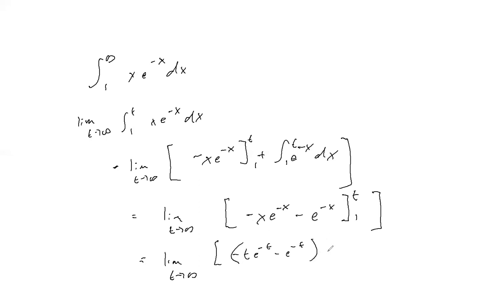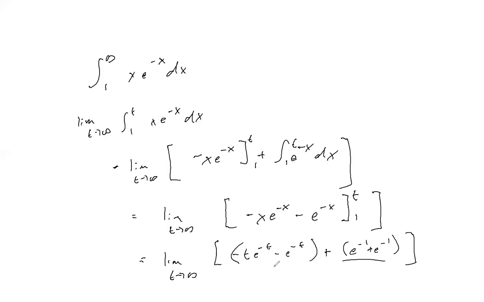When I plug in 1, I get this. Okay, so this is just a finite number. Let's see, did I do that right? I pull out the negatives. Yeah, that looks good. And so this is just a finite number.